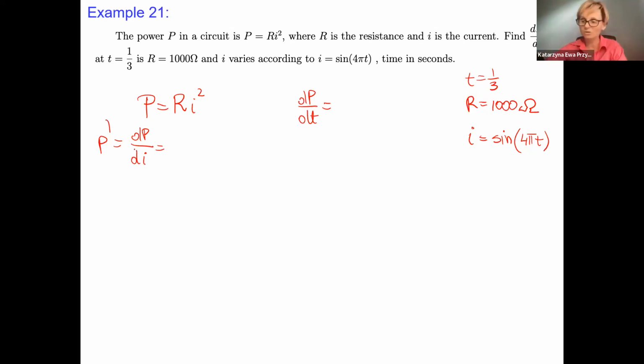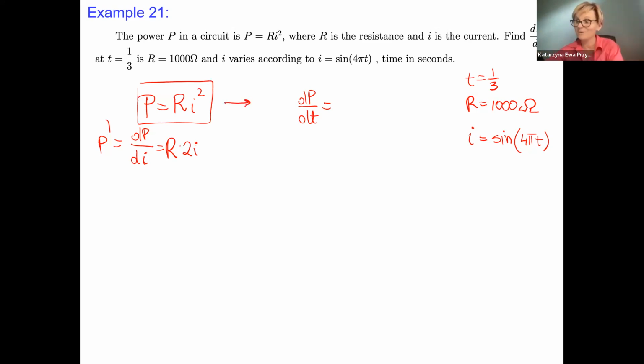If I differentiate with respect to I, I am assuming that R is a constant, and the derivative of I squared is 2I. But now I know that I is a function, so I will multiply by I prime.